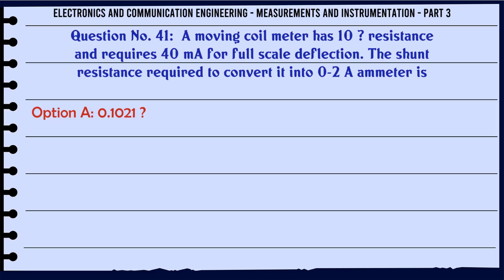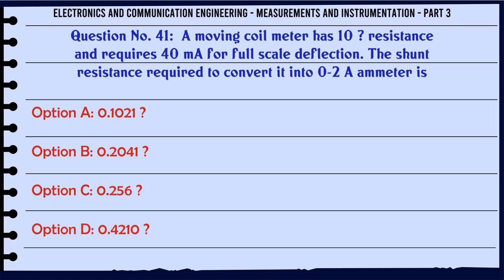A moving coil meter has 10 ohms resistance and requires 40 mA for full-scale deflection. The shunt resistance required to convert it into an ammeter is: A, 0.1021; B, 0.2041; C, 0.256; D, 0.4210.